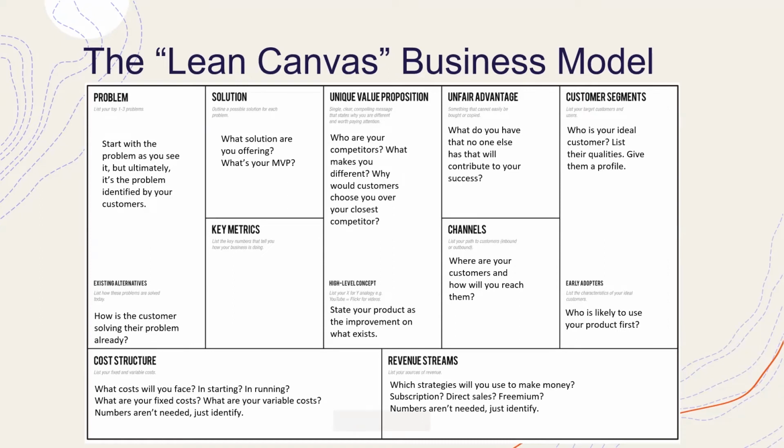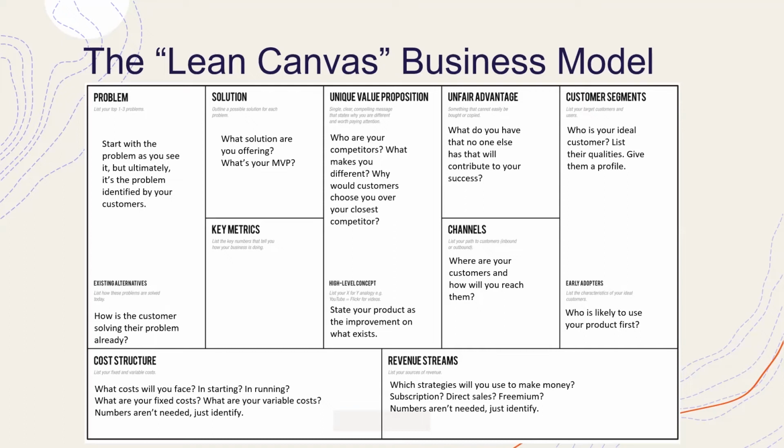And then what is the solution that you're proposing to this problem? What are you offering? And what will be your minimum viable product? What can you put in people's hands or in front of them to demonstrate to them that this is something reasonable for addressing the problem that the customer is having?